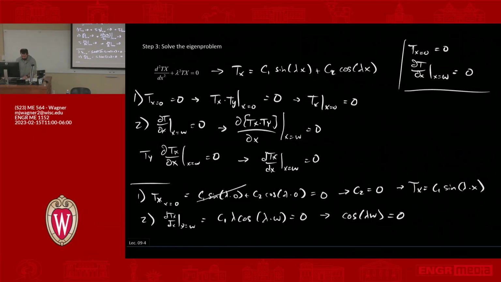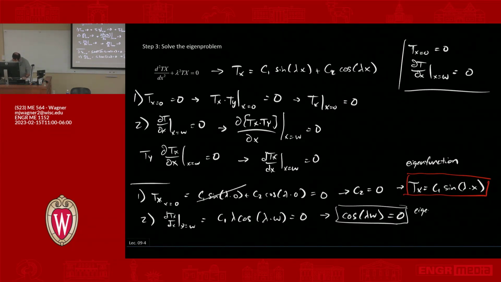So let's give some names to this stuff. Let's see, this up here is called our eigenfunction. This down here, this cosine thing, is called the eigencondition. And then when we actually go through and solve this, we'll find, okay, when lambda times w is equal to what?